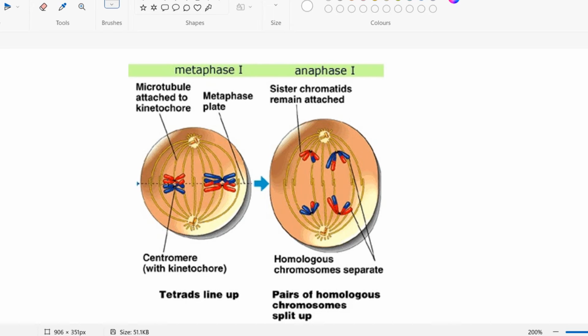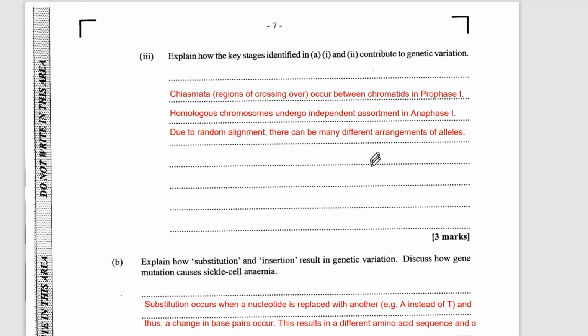And in different cells it would occur at other points. So you get plenty of different possibilities of exchanges of DNA and little differences in the daughter cells, which will eventually be in the gametes. So there can be many different arrangements of alleles.